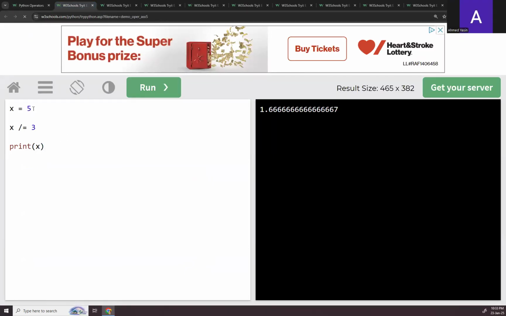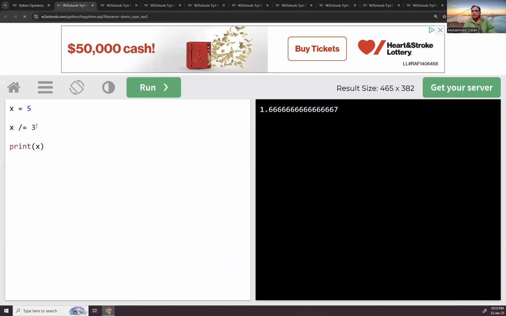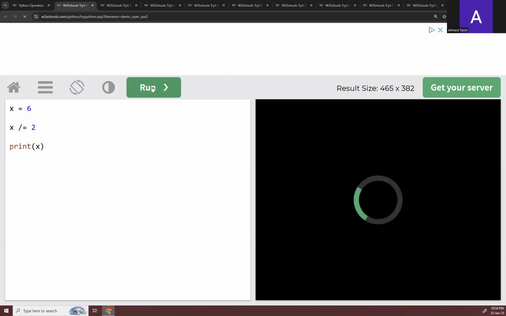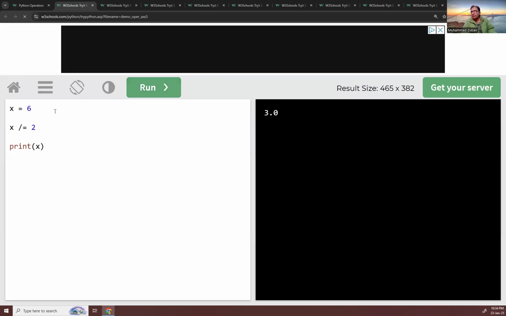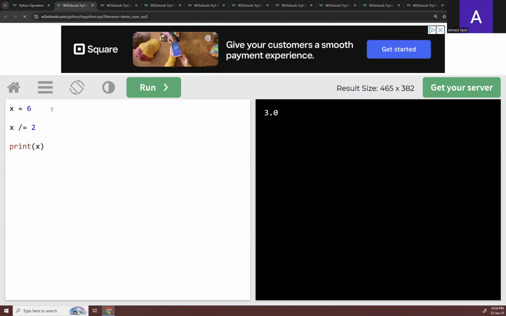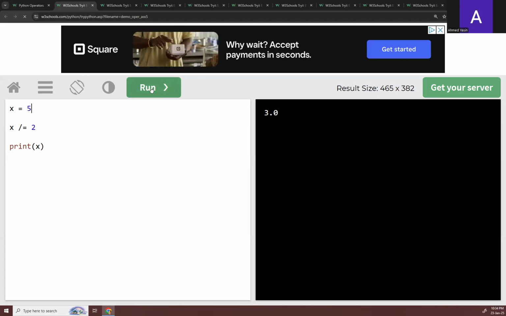Here we have divided 5 by 3. So better we can divide 6 by 2. What will be the answer? It will be 3.0. But in the previous one, there was 2.666666667.